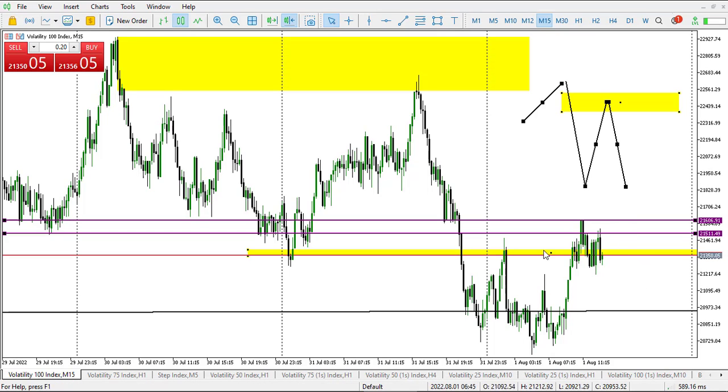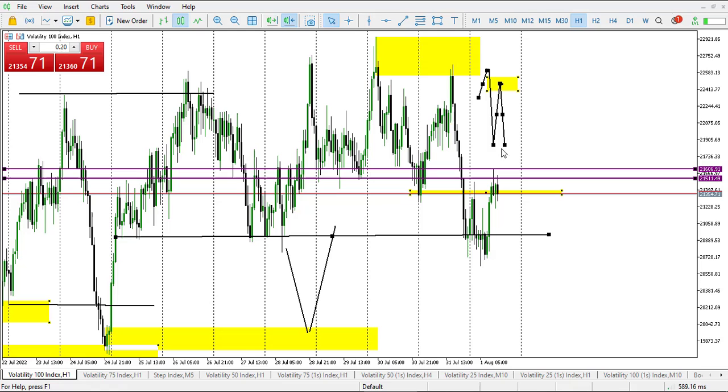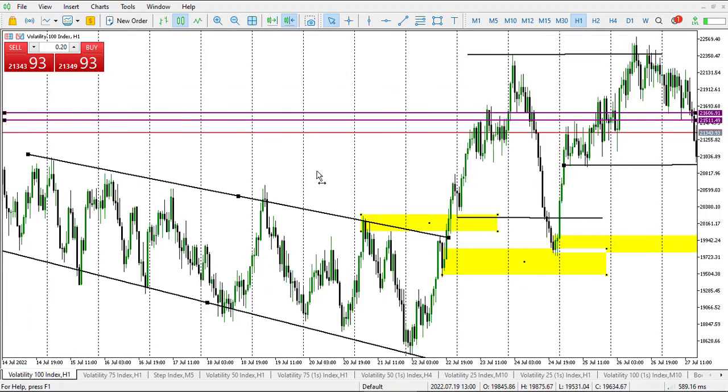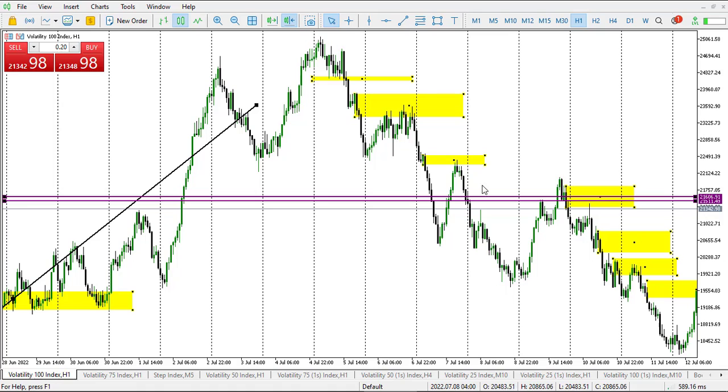So I'm not saying this is going down now. Why? I'm saying this is how you trade the flip zone when you are looking at V100. Because as I said, this is consolidating, so we don't have a valid setup at this point. Since we don't have a valid setup, we will be looking at this kind of setup.